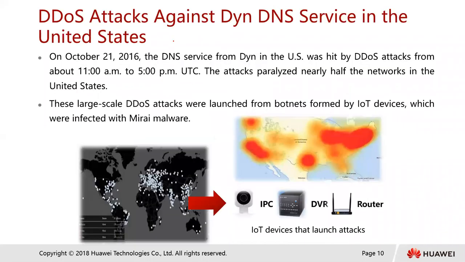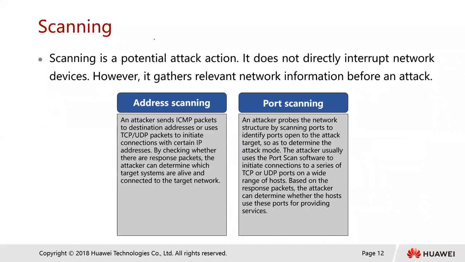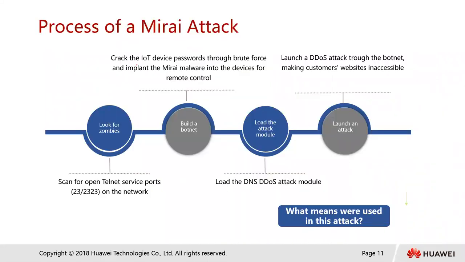So we are saying the process of the Mirai attack looks for zombies. By default, the remote login function is enabled for Internet of Things devices to facilitate remote management, right?